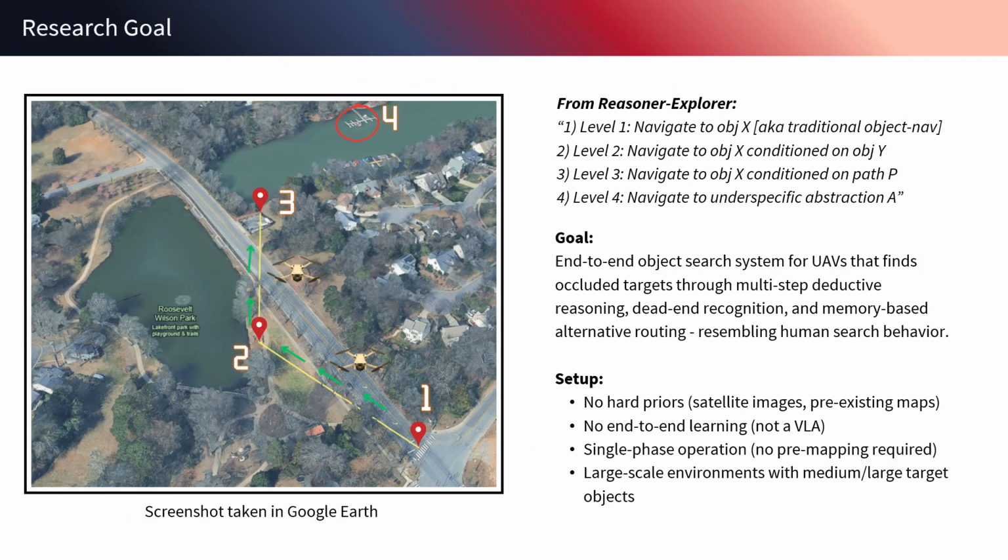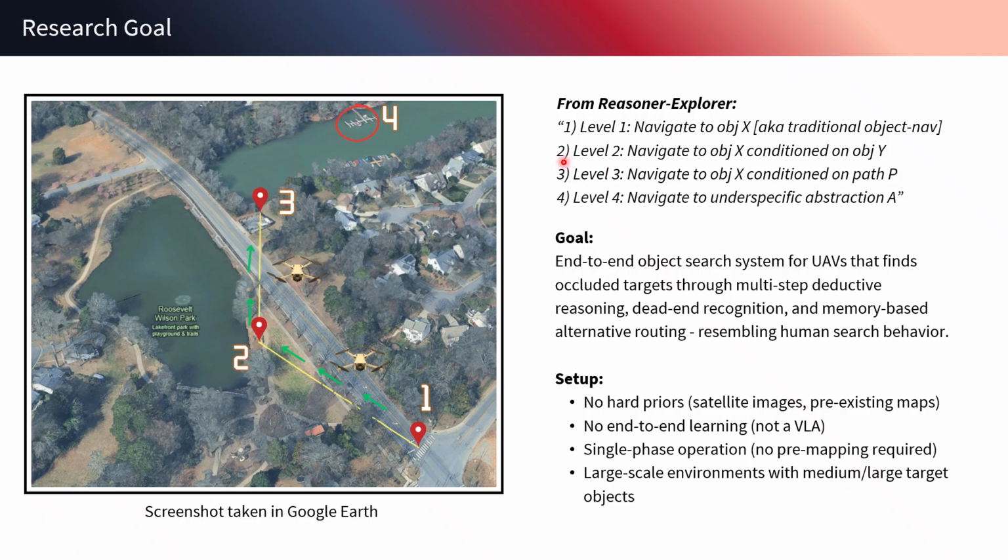Let's finally talk about our research goal. As it was hinted before, we would likely be working on something onboard and without hard priors, related to outdoors definitely, and something related to object navigation probably. But let's first talk about the different levels of difficulty that the Reasoner Explorer defines specifically for object navigation.